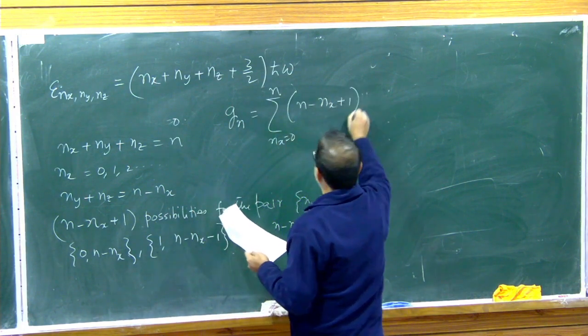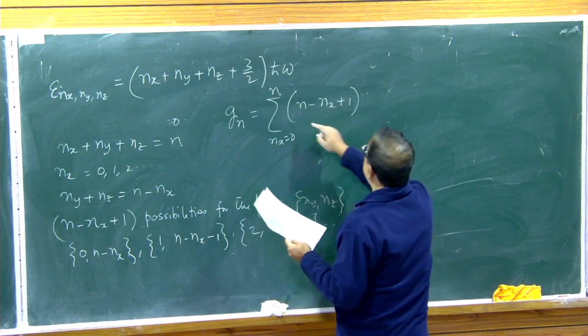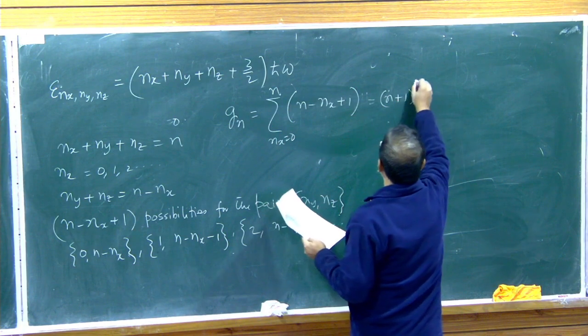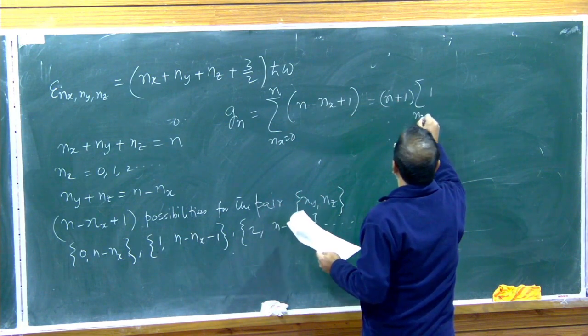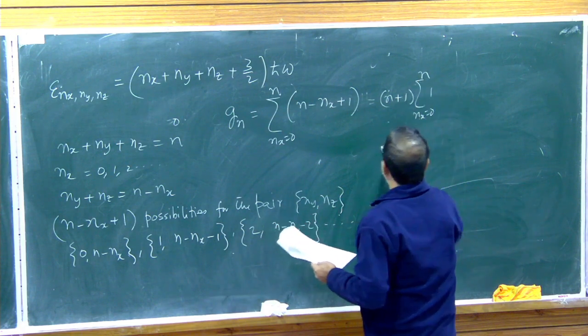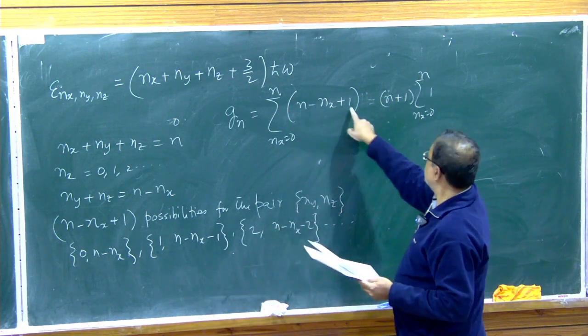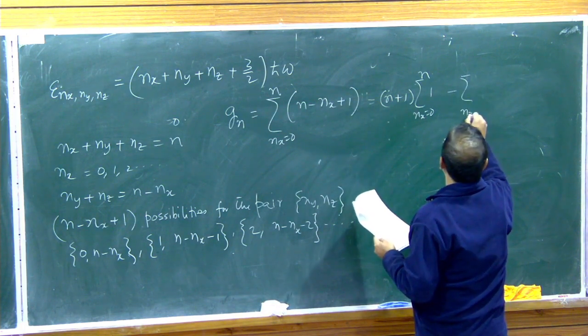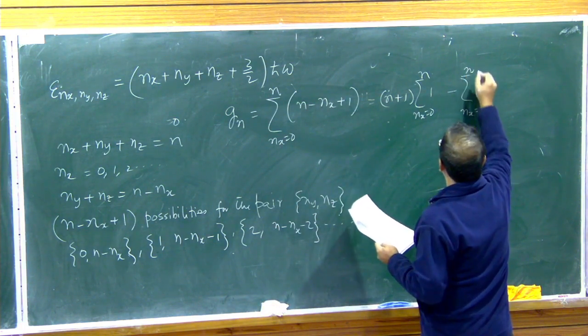I can simply take this n plus 1 out and sum over 1 from nx equal to 0 to n, and then there is the nx term, which has to be summed from 0 to n.